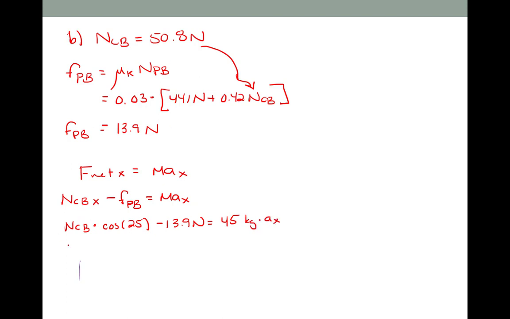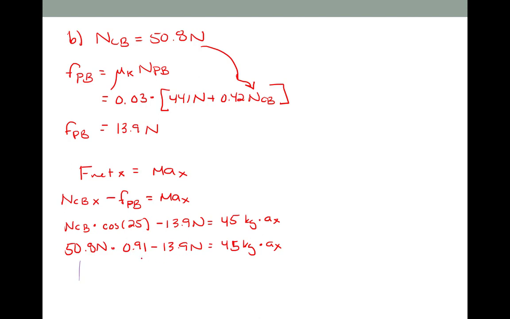I can take 50.8, plug it in for N_CB, need to multiply by the cosine of 25, which is 0.91. And that has to equal the mass times the acceleration still.